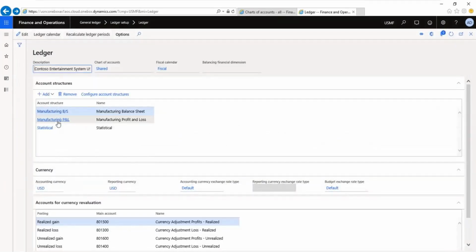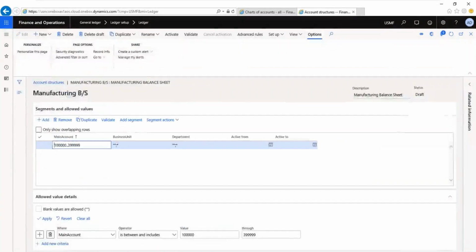Here there are two structures. One structure is manufacturing BS. If I click on manufacturing BS, here it is 10002 39999. I have mapped a business unit and department.